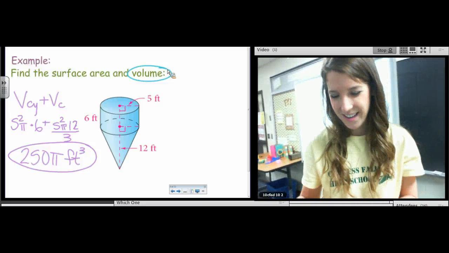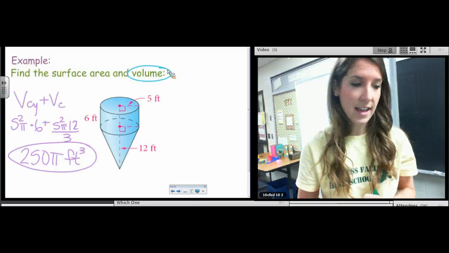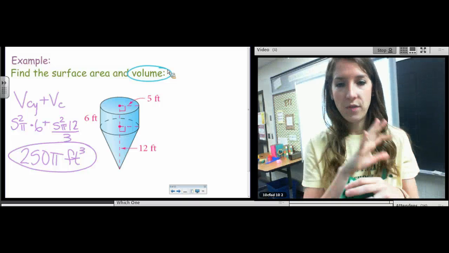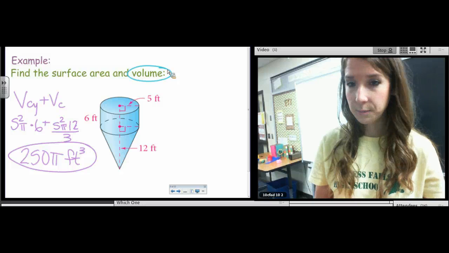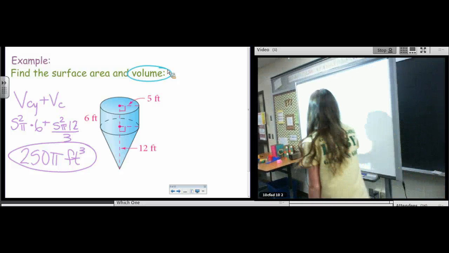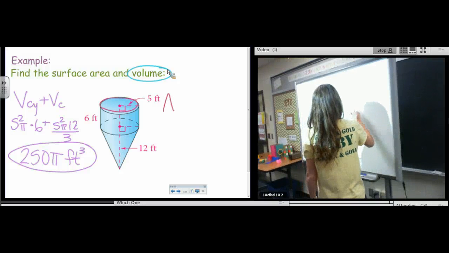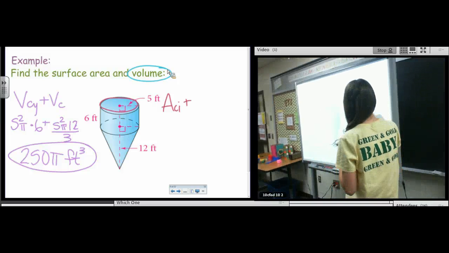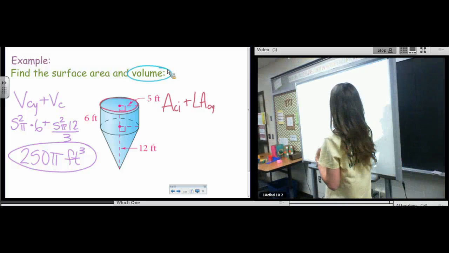Okay, good. Now let's do the surface area. Remember, surface area is, hey, what is on the surface of this figure? What could I touch if I were touching this figure? So how I like to approach it is in pieces. My strategy would be to find the area of this circle, plus I would find the LA of the cylinder, because I don't want the top and the bottom.